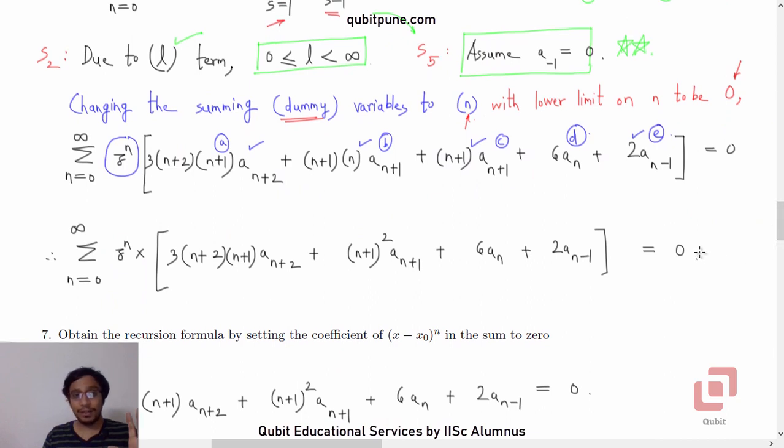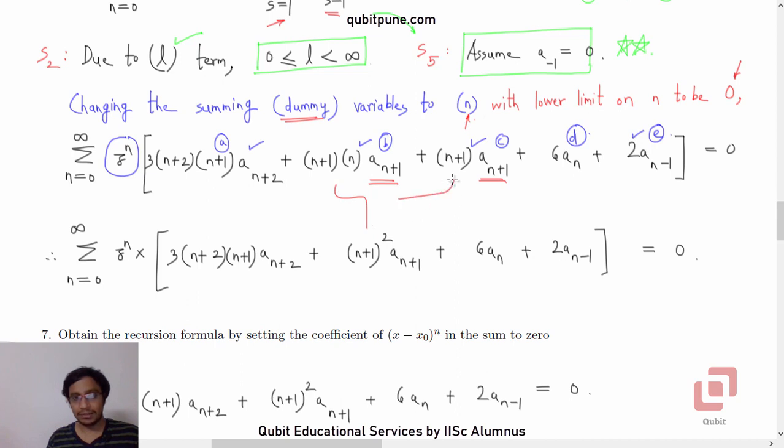Now again, by the application of the theorem, let's not apply it right away. We would now like to combine these. Observe that a n plus 1 is present in 2 different terms. So if you take a n plus 1 common and identify the coefficients, which are n squared plus n and n plus 1, that will be n squared plus 2n plus 1.